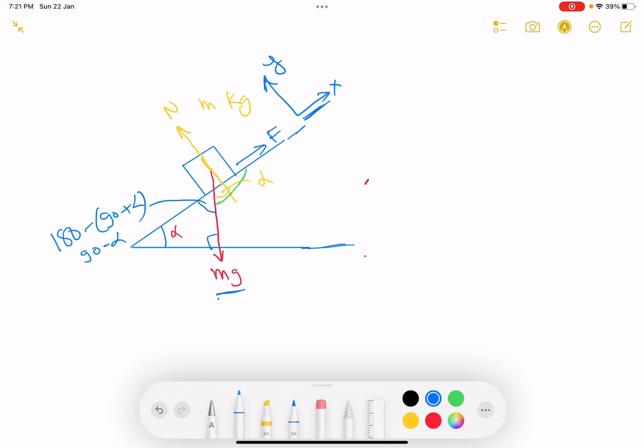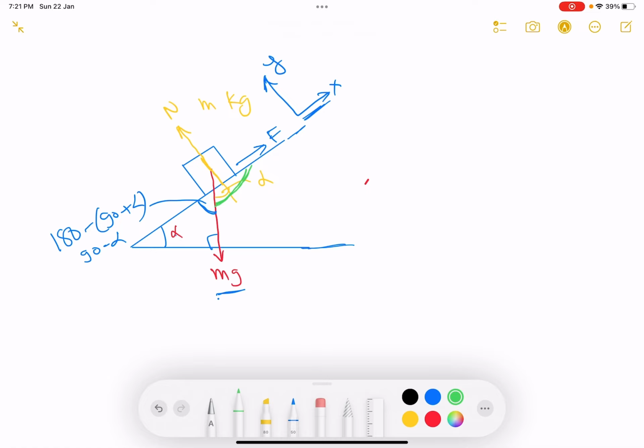The remaining angle, which I have shown in green color, is a larger angle. And if you remember my previous video, I said you should always consider the smaller angle which the force makes with the x-axis. So we are going to consider 90 minus alpha.